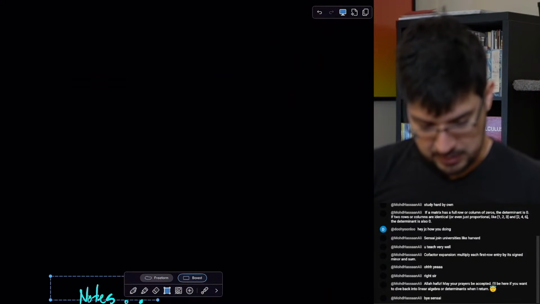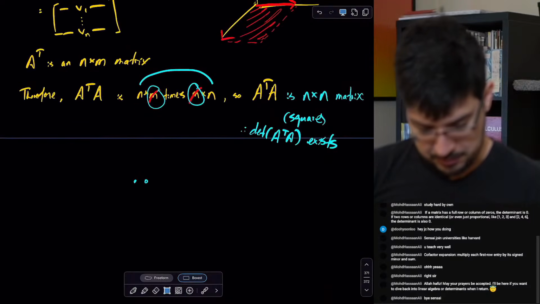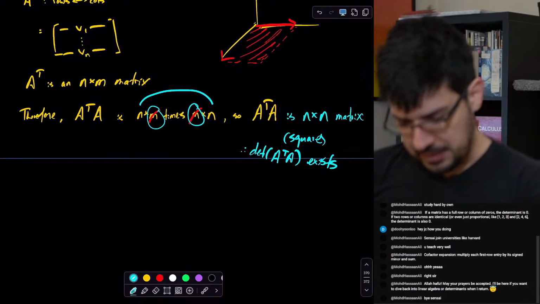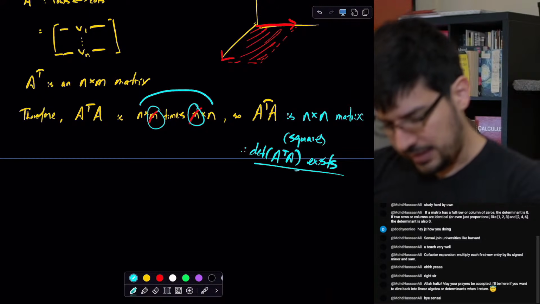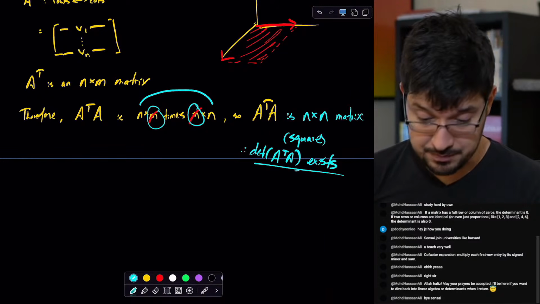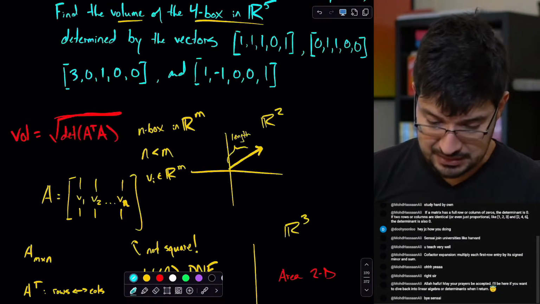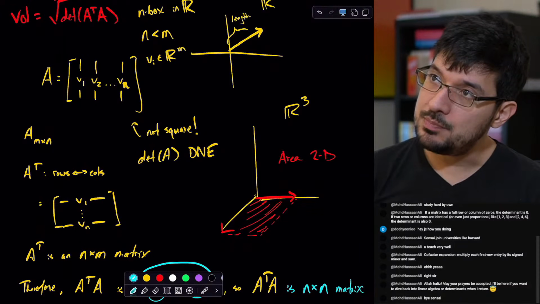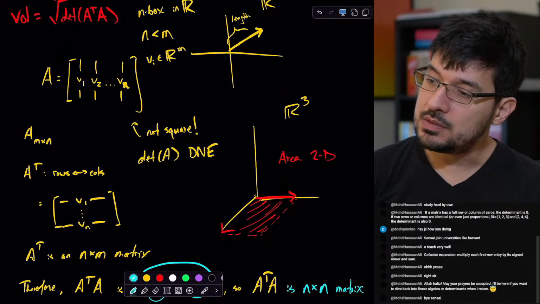We might take notes later, but probably not. Maybe not. So the determinant of the transpose times A exists. Now, how can I prove that it would be equal to the volume?